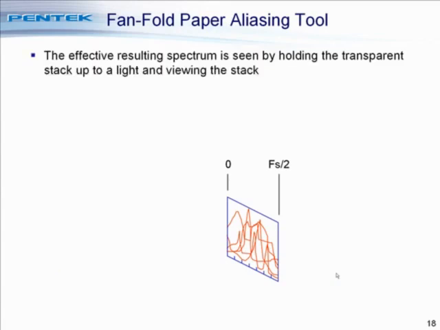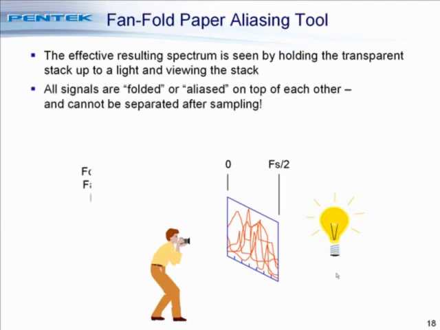The effective resulting spectrum after sampling is seen by holding this transparent stack up to a light and looking through the stack. What you see is that all of the Nyquist zones, that is, all of the pages of the fan fold paper, have been superimposed upon each other. All the signals are, as we say, folded or aliased, and they can't be separated after the sampling.